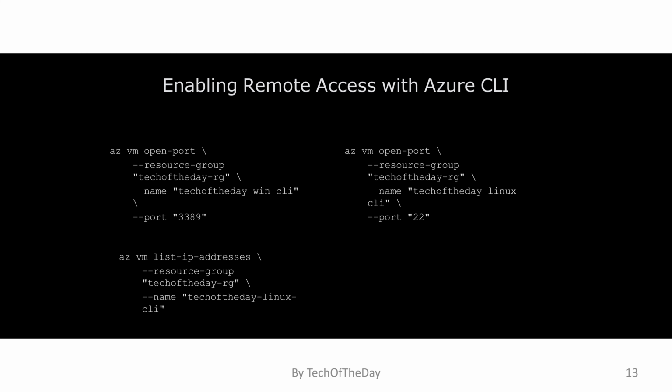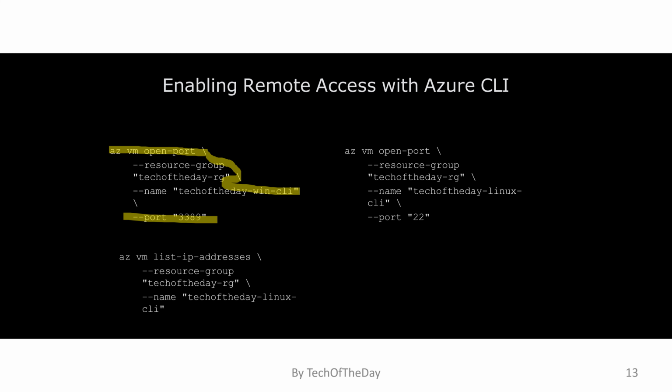Enabling remote access. Once that virtual machine is finished deploying, we can move on to the next step, which is to open up RDP for remote access into this virtual machine. We can do that with the code here, which says az vm open-port with the resource group name, the name of the virtual machine, and then this port.